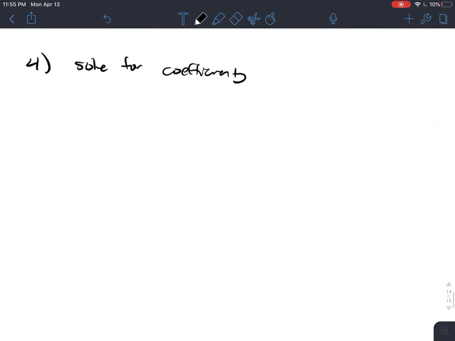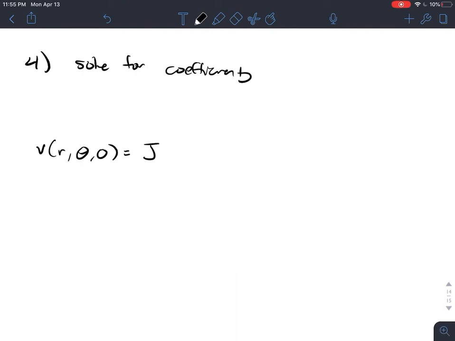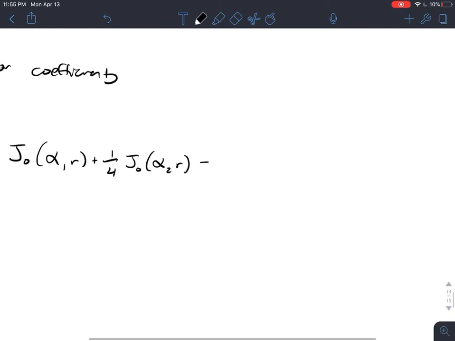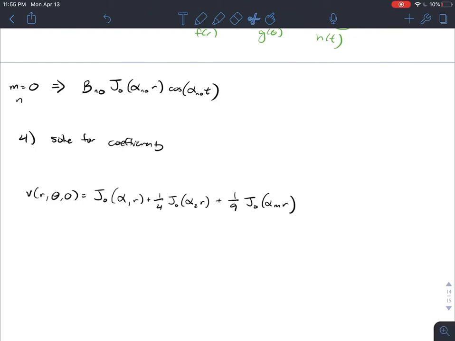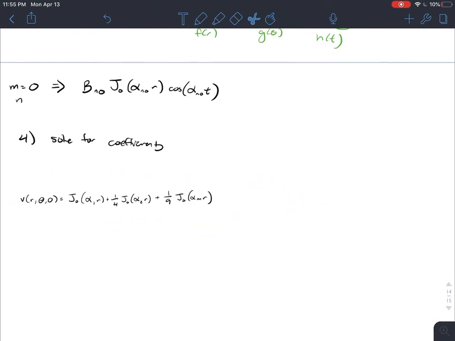So we have this initial condition f of r, theta, 0 is equal to J_0 alpha_1 r plus 1/4 J_0 alpha_2 r plus 1/9 J_0 alpha_m r. And then we're going to equate this to the general form that we just saw above.